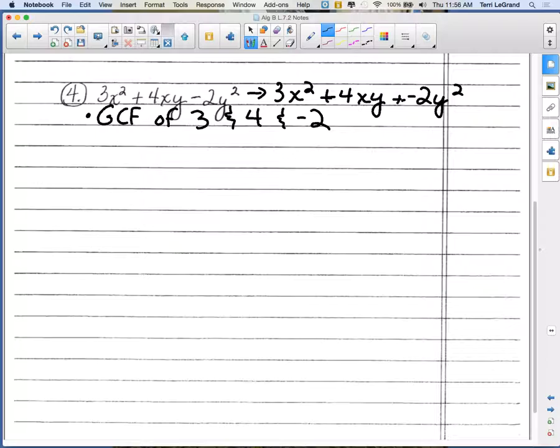So we find the GCF of the number parts, and then the GCF of the variable parts: x squared, xy, and y squared. Go ahead, find those for me, please.